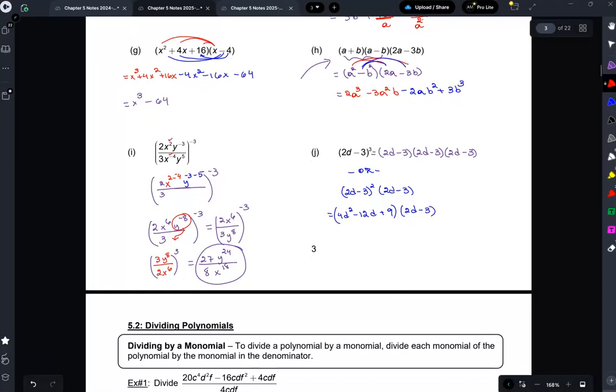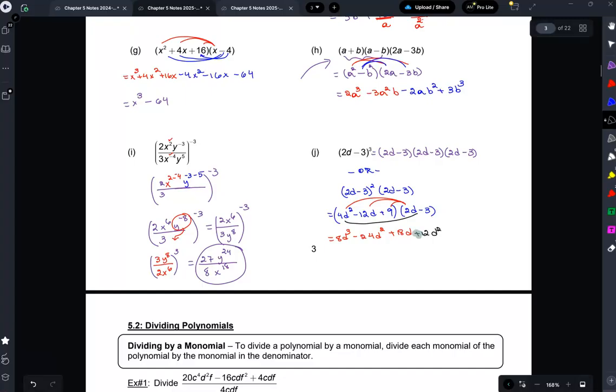Okay, now let's do the 2d. Okay, 8d cubed minus 24d squared plus 18d. Okay, now let's do the negative 3, right? 12d squared.